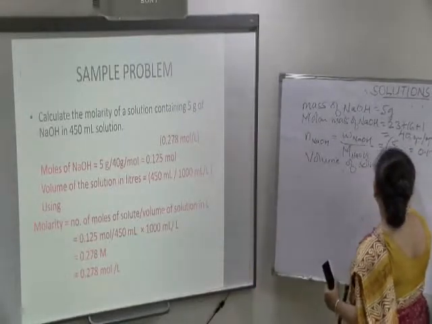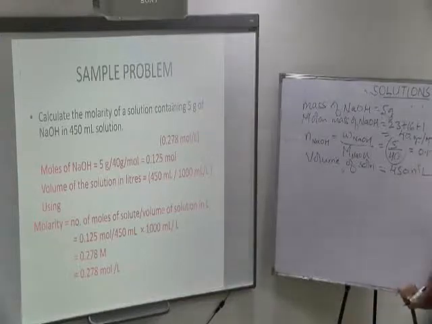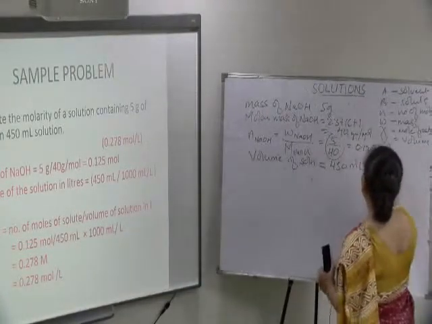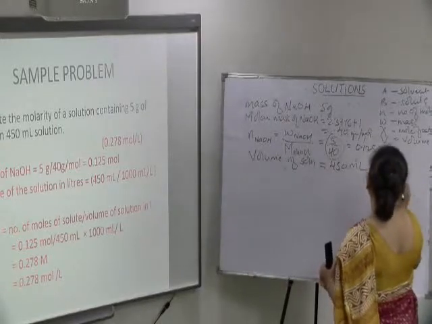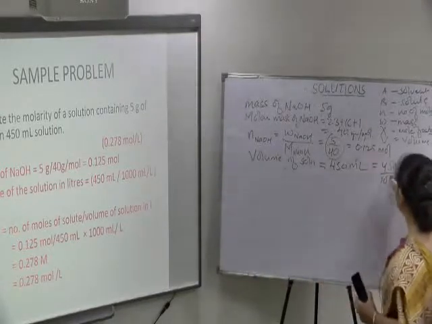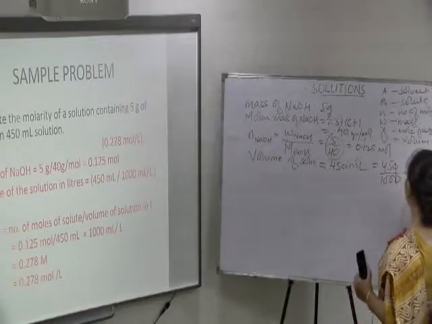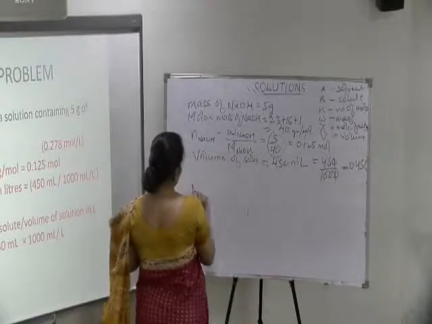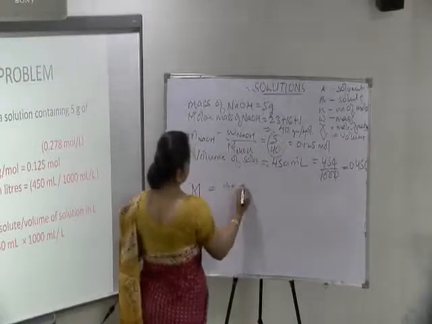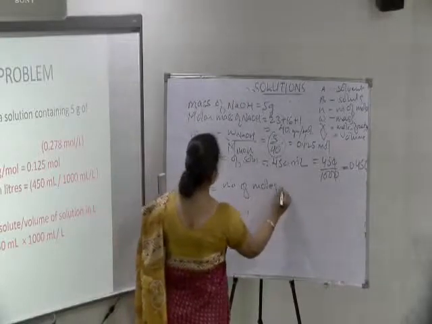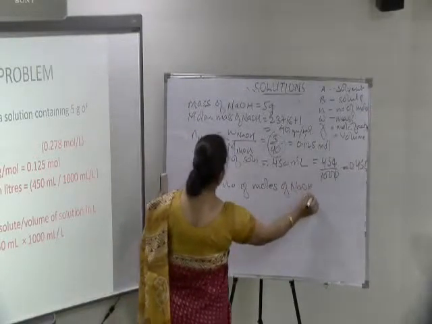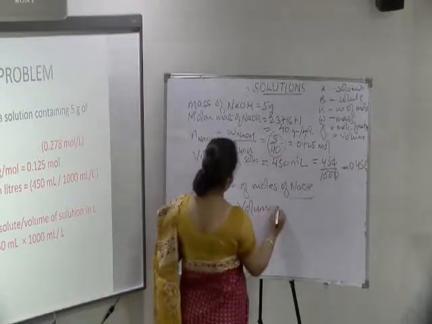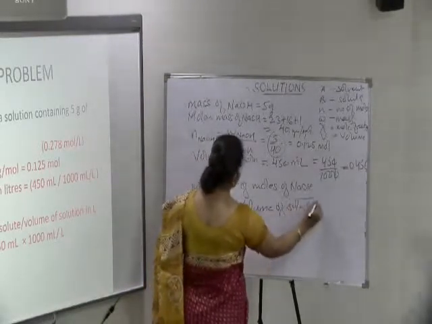Volume of the solution is given as 450 ml. And if you remember, I said the volume has to be in liters. So you can divide it by 1000 and get it in liters. That is 0.45 liters. Substitute this in your formula for molarity, which is the number of moles of NaOH present in a liter of solution, or the volume of solution in liters.